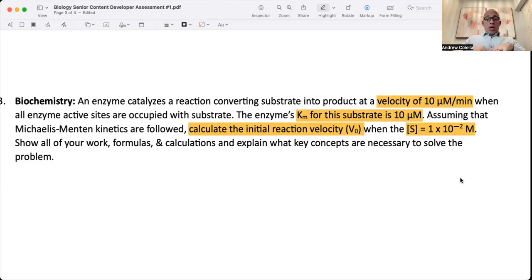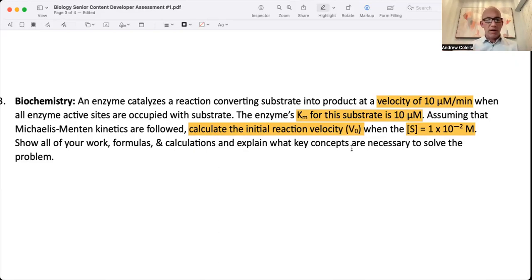Okay. So as you're reading a scenario like this, my first step is I go through and I try to identify the data, which might be helpful for our calculations as we move forward to try and determine this initial reaction velocity.